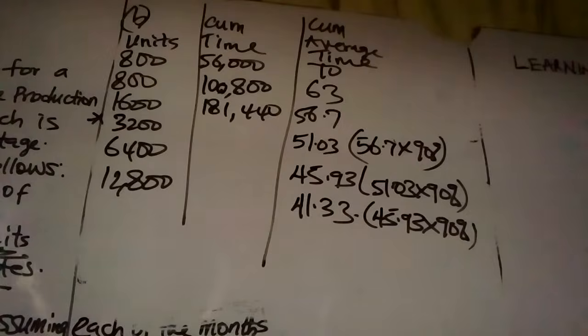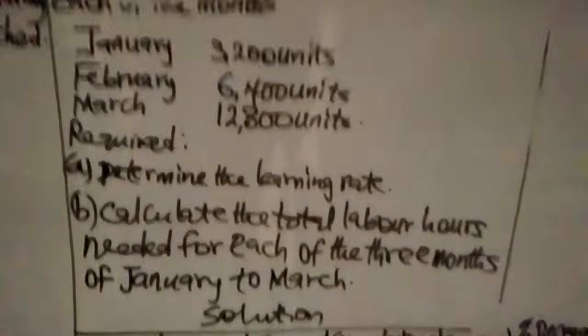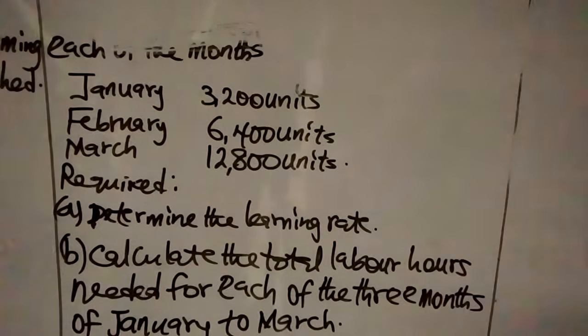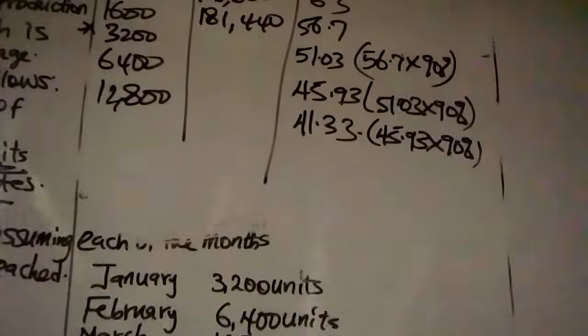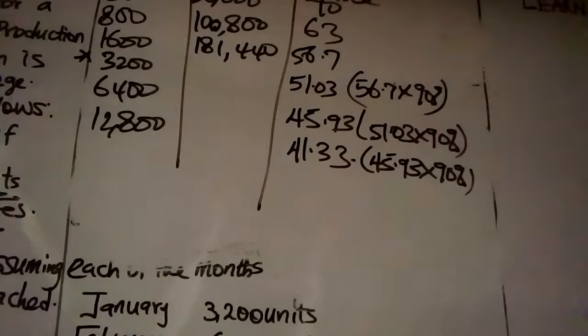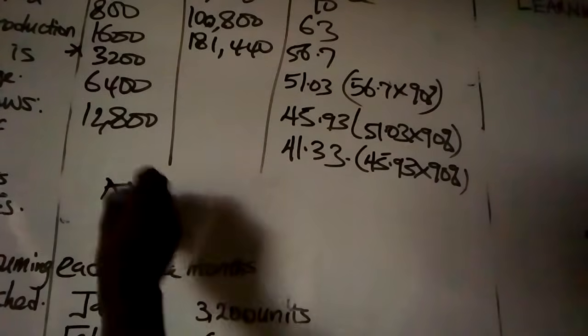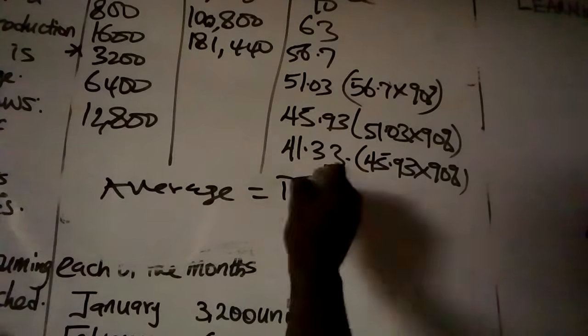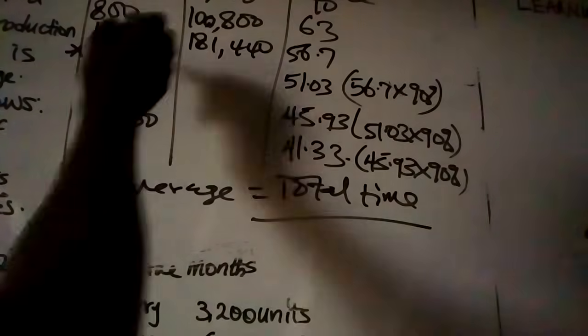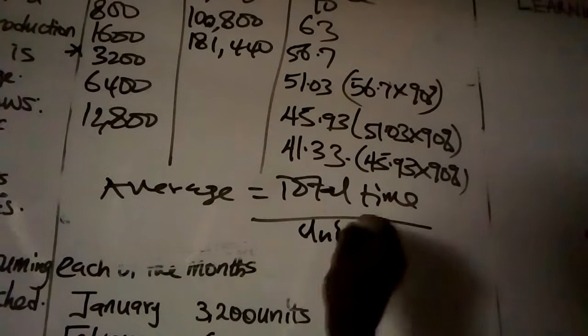Now, remember, the time for January, February, and March is not given in the question. So to supply that, remember the average time was obtained by dividing the total time by the number of units of output.